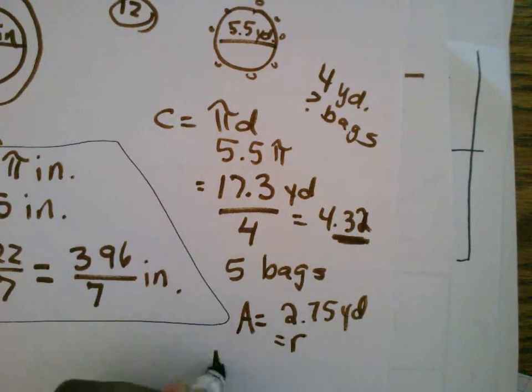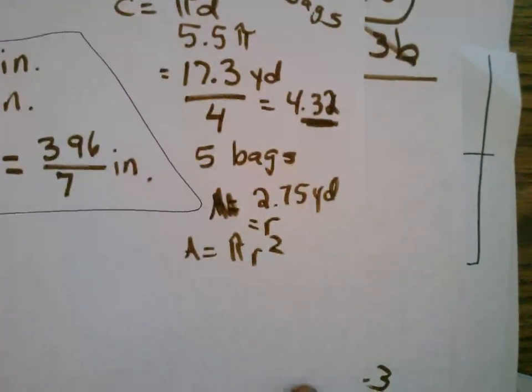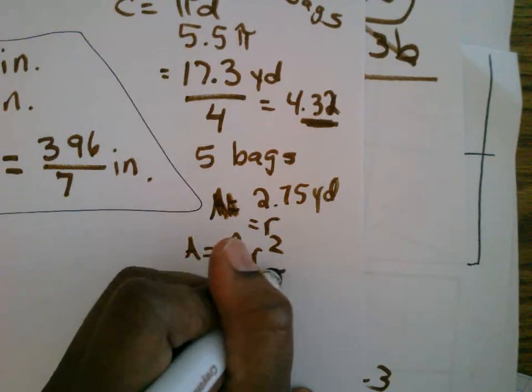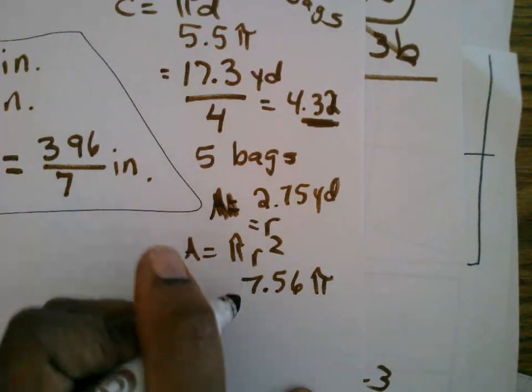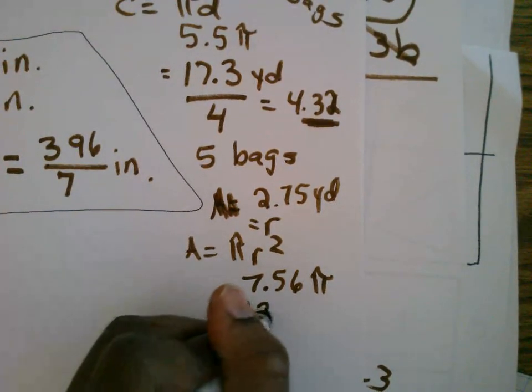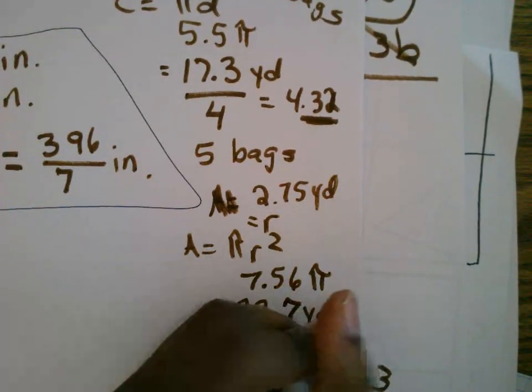All right, so then the area is going to be equal to pi r squared. 2.75 squared is 7.56 pi. Is that right? I forgot to multiply it by pi. Yeah. All right, so 23.7 yards squared is the area.